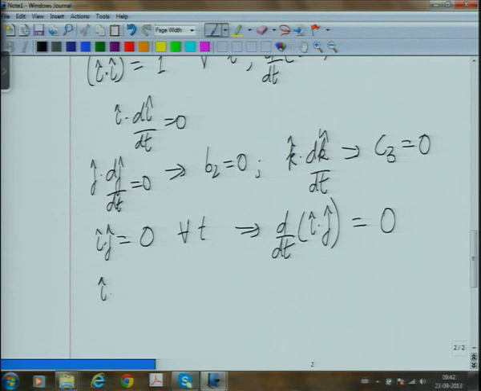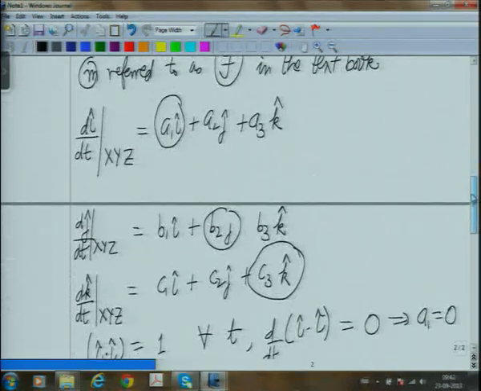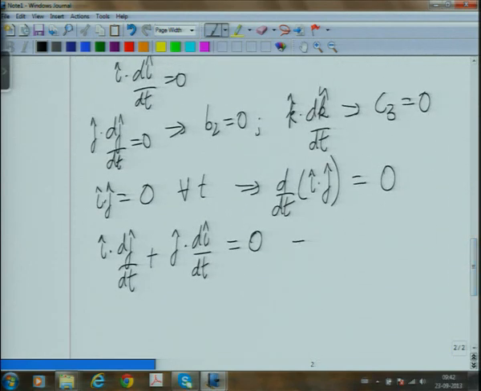This will give me i dotted with dj by dt plus j dotted with di by dt must be equal to 0. So when I do this, what is i dotted with dj by dt? dj by dt is here. When I dot it with i I will get b1, and when I do j dotted with this, I will get a2. So that means this implies b1 plus a2 is equal to 0.